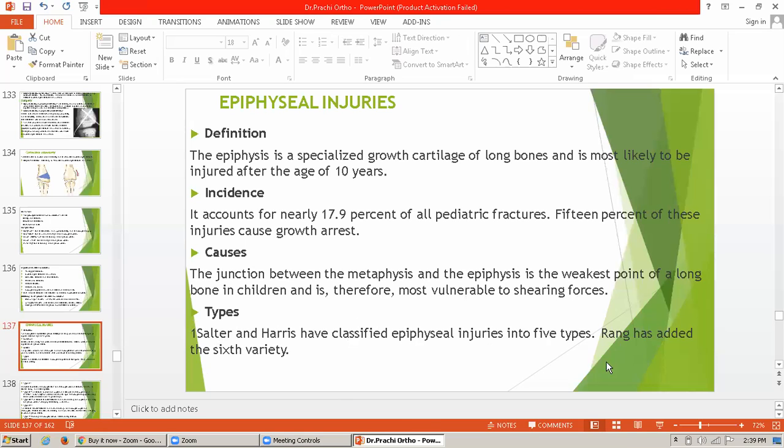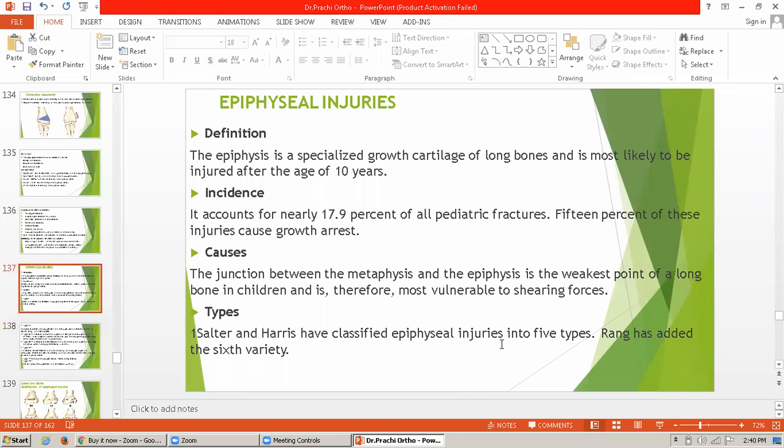Rang has added the sixth variety. So the junction between the metaphysis and epiphysis is the weakest point of the long bone in children and is therefore the most vulnerable to shearing forces. That's why injury to the epiphysis is more commonly seen in children.